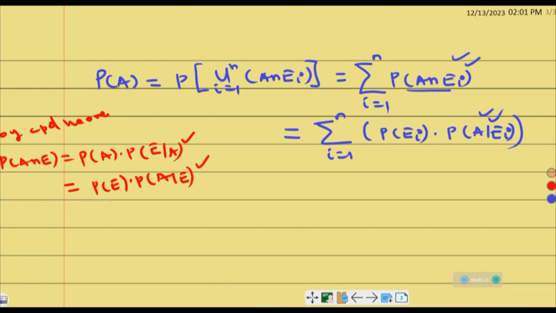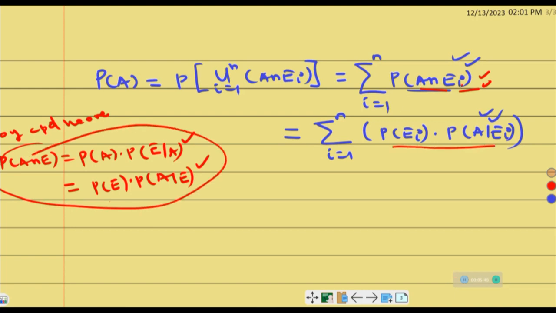So it means the probability of A is the same as the summation from 1 to n of the probability of A intersection Ei, and where there is A intersection Ei, this can be replaced with the probability of Ei times the probability of A given Ei, if you relate it with the compound theorem of probability.